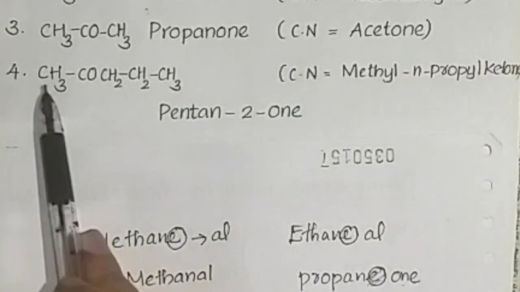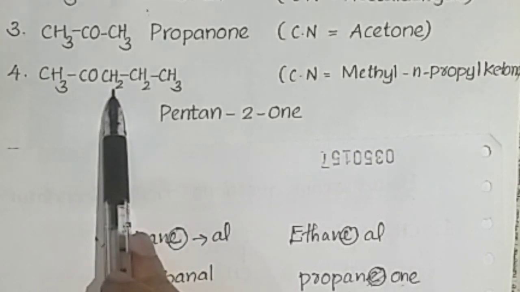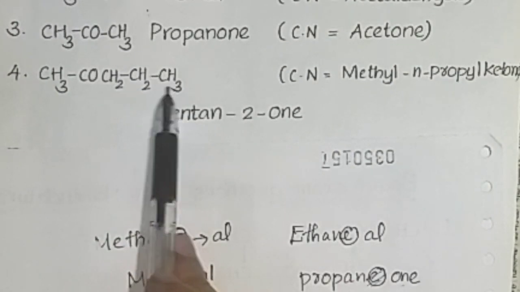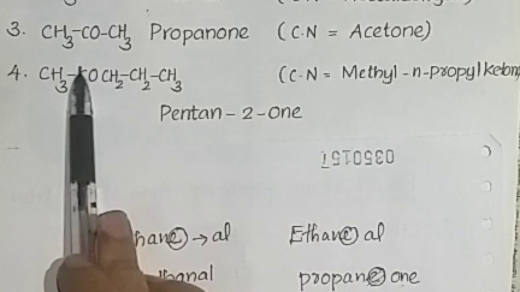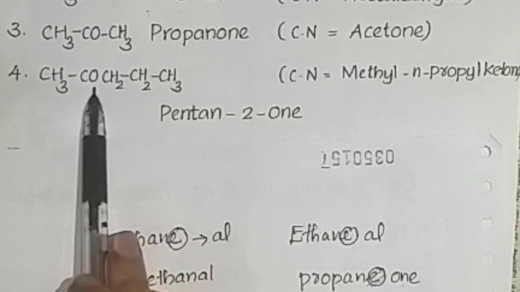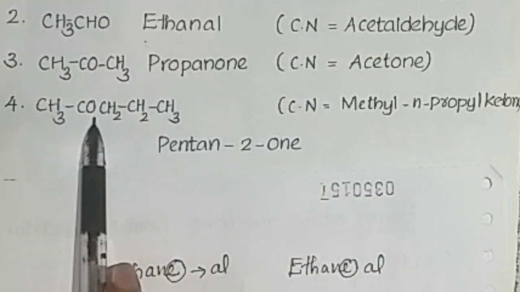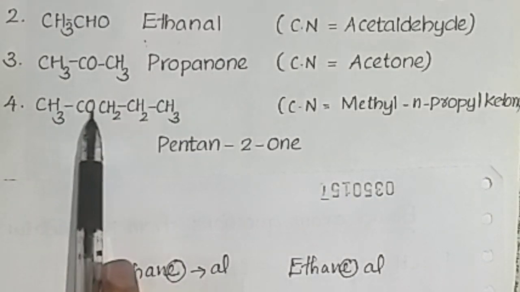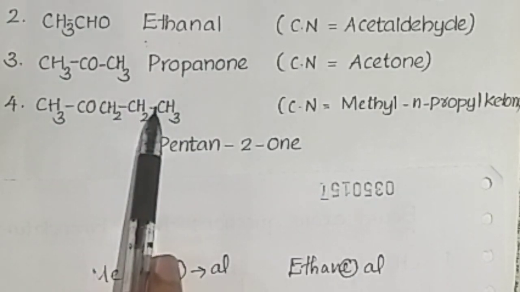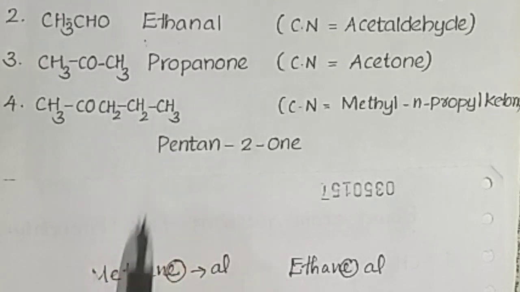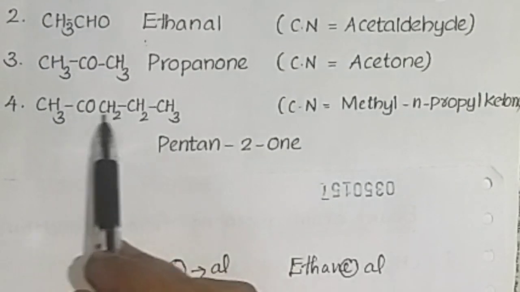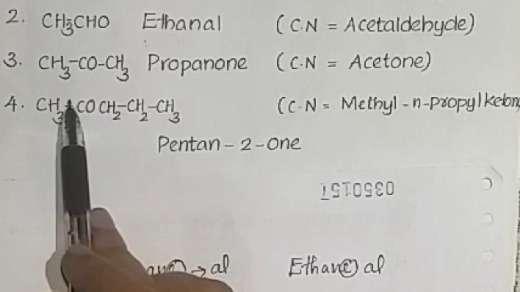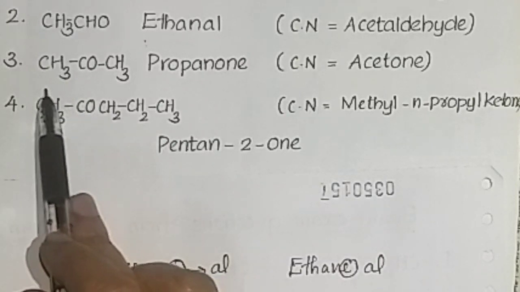Next one, CH3CO CH2 CH2 CH3. Here this is a ketone, CO functional group. In this ketone, how many carbon atoms? 1, 2, 3, 4, 5. 5 carbon atoms, so this is pentane. In which carbon atom is the CO group present? The second carbon atom.